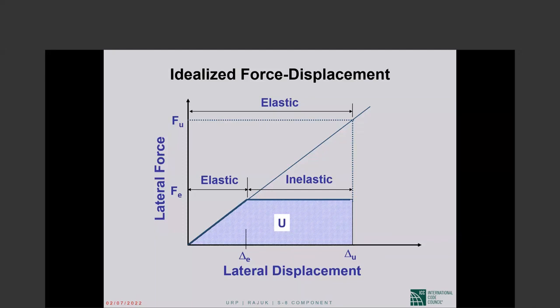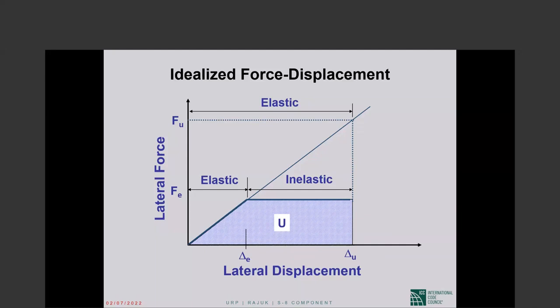So the design forces are given in the code, and you will see in BNBC, it is part 6, chapter 6. And the detailing requirements are also given in the code. It's part 6, chapter 8 of the BNBC.